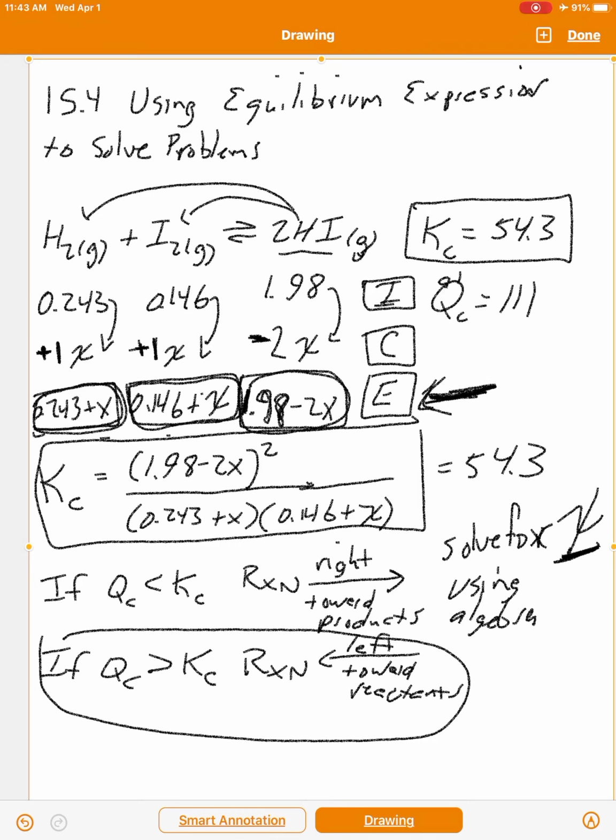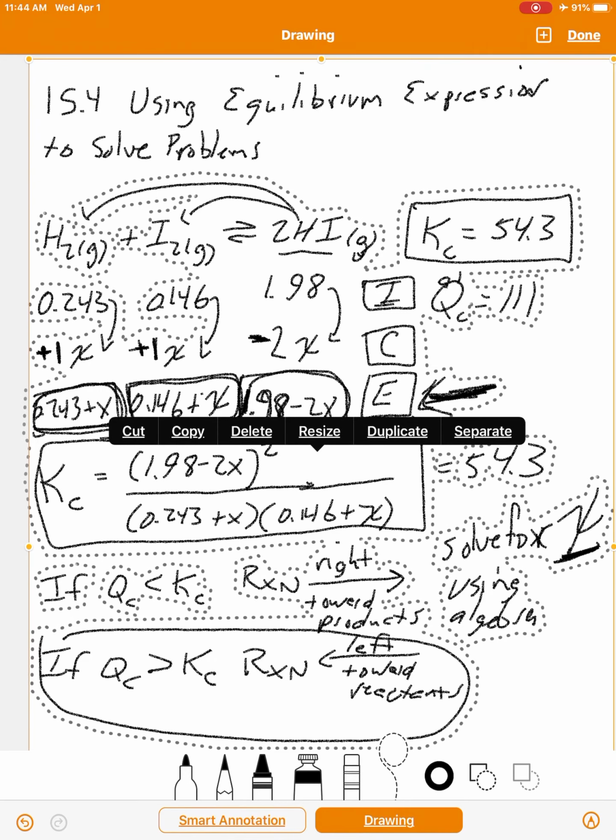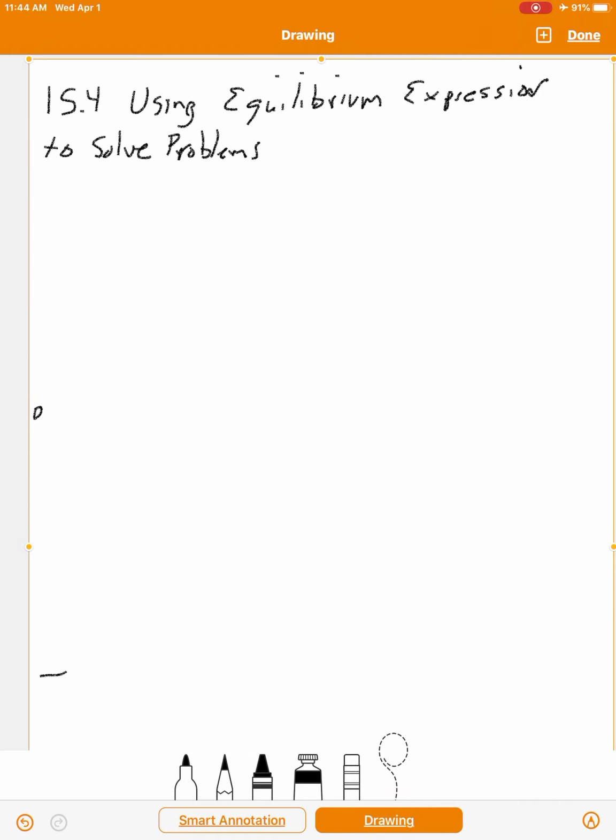Okay, so the idea here, take a look at the section title again, using equilibrium expressions to solve problems. This is the solving the problem point. So let me review it just so that you can sort of see what the approach is. And then, quite frankly, it really isn't very real until you actually do the problems.